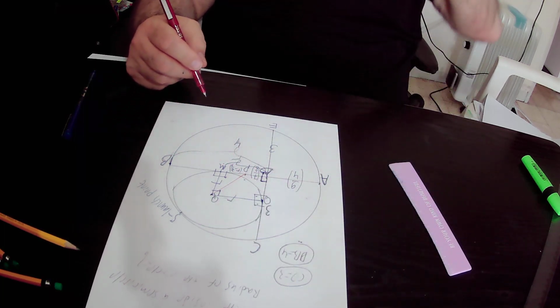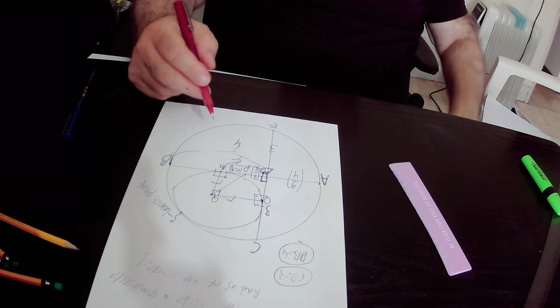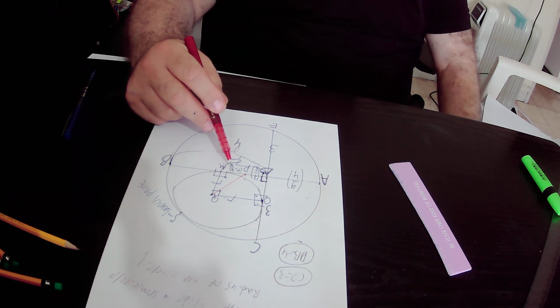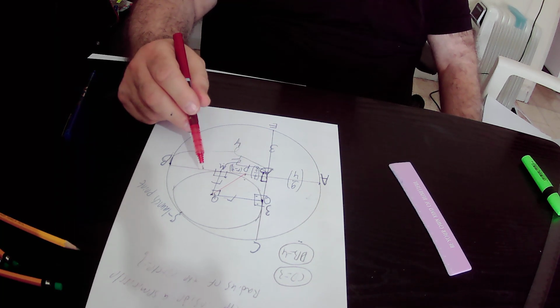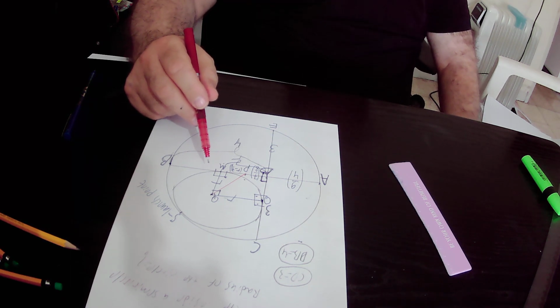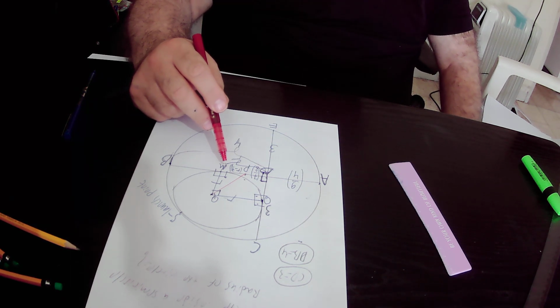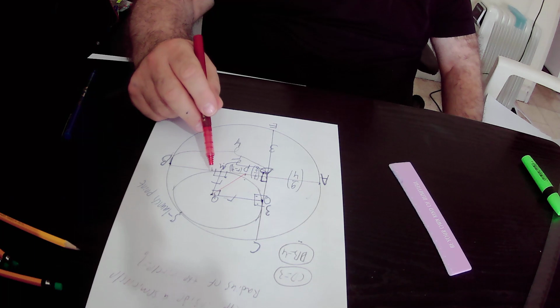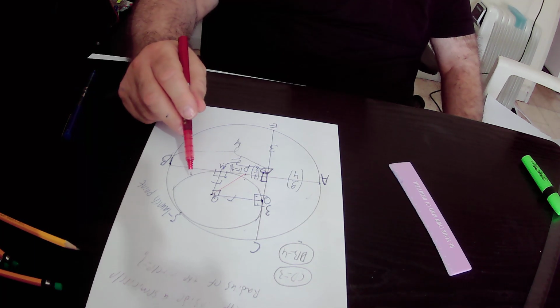I will repeat again. PQ is the straight line that connects their centers together, because point P is the center of the big circle and point Q is the center of the small circle. And according to rule number 2, this straight line PQ passes through the launch point.